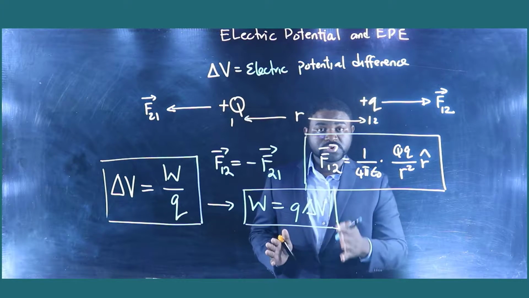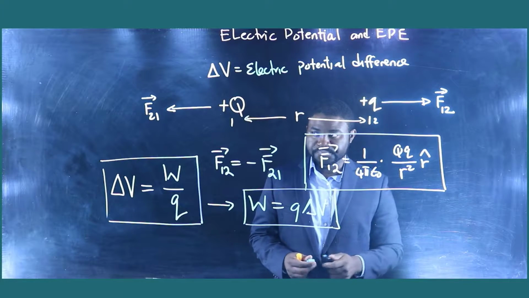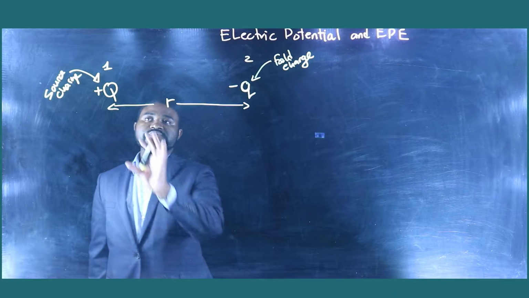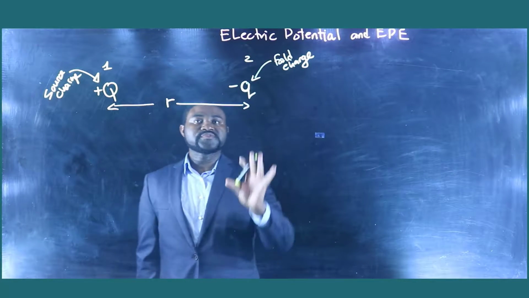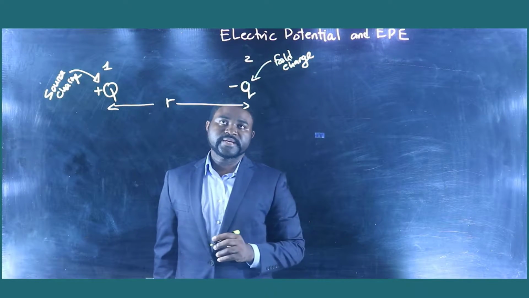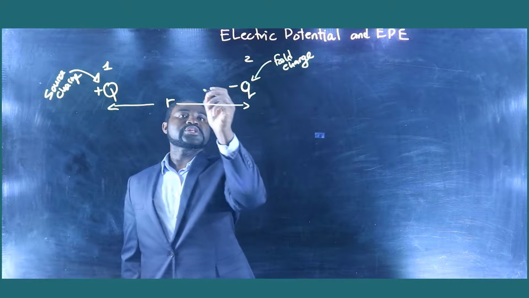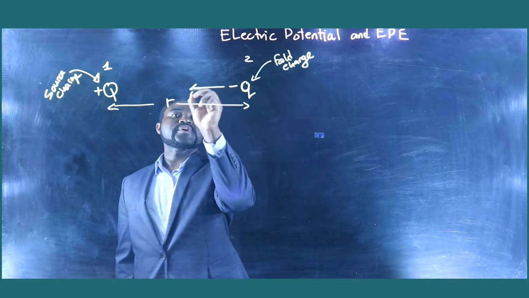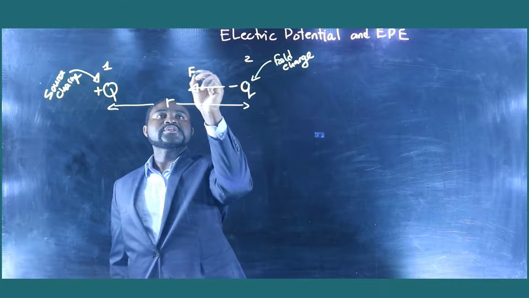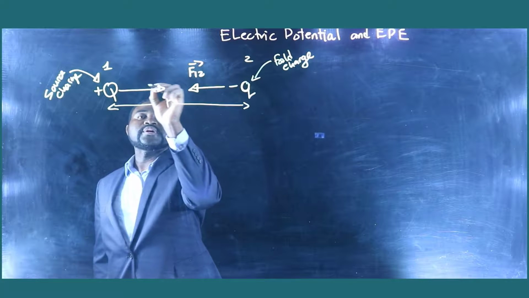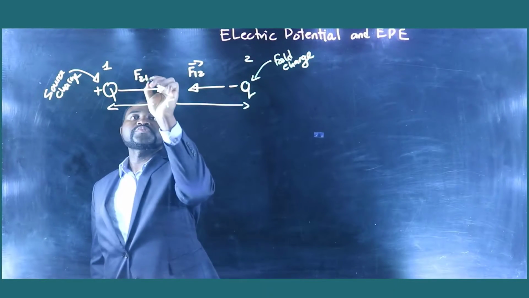Now we are going to explore this concept a little bit further. Now suppose we have a positive charge and a negative charge, what do we expect? We know that unlike charges attract, so charge 2 will experience an attractive force. This is F12, and charge 1 will experience an attractive force. This is F21.